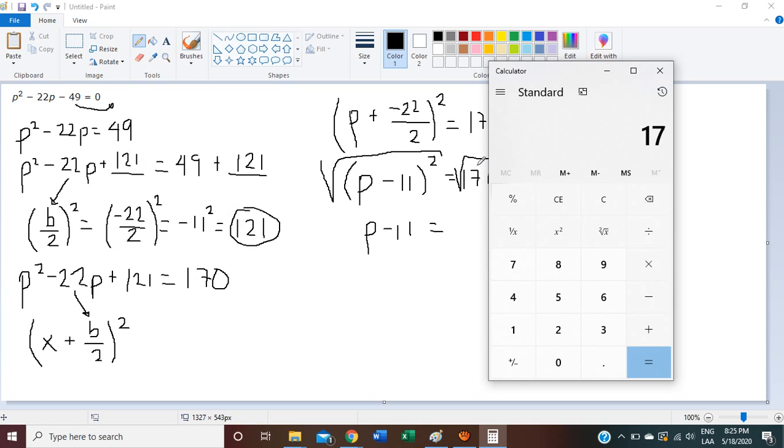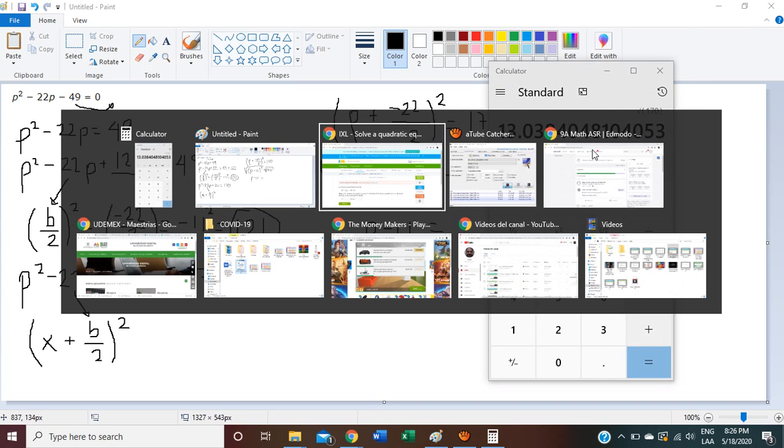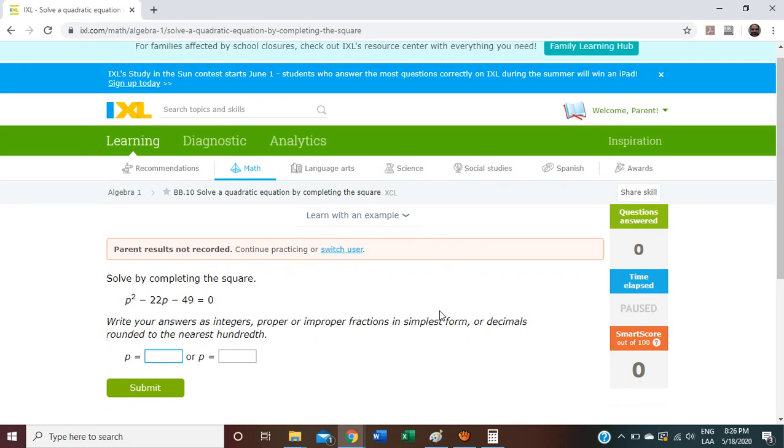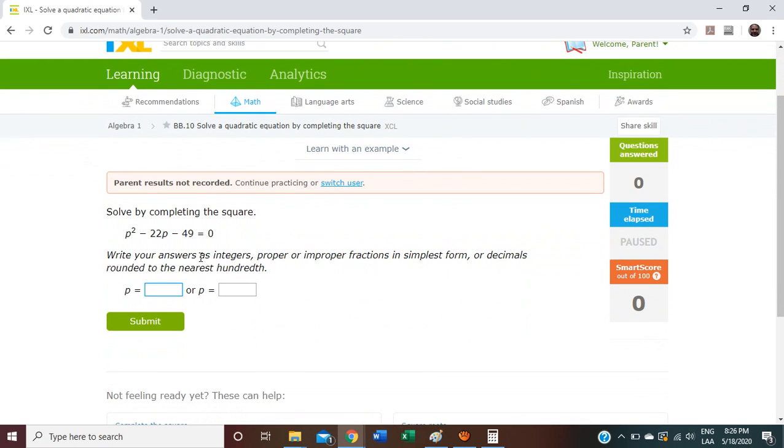It's okay, the square root of 170. All right, so this is our square root. But if we check the instructions, it says that we need to write our answers as integers, proper and improper fractions, so just fractions, no mixed numbers, in the simplest form, or decimals.